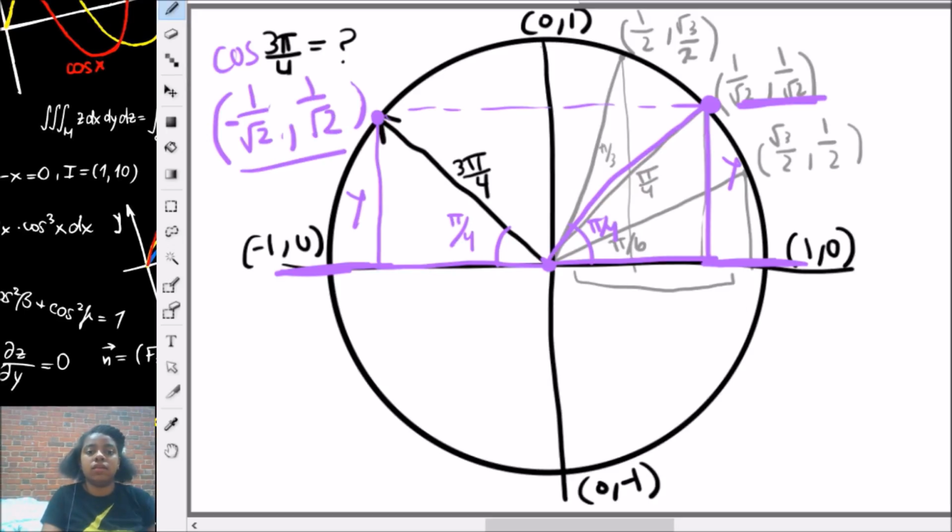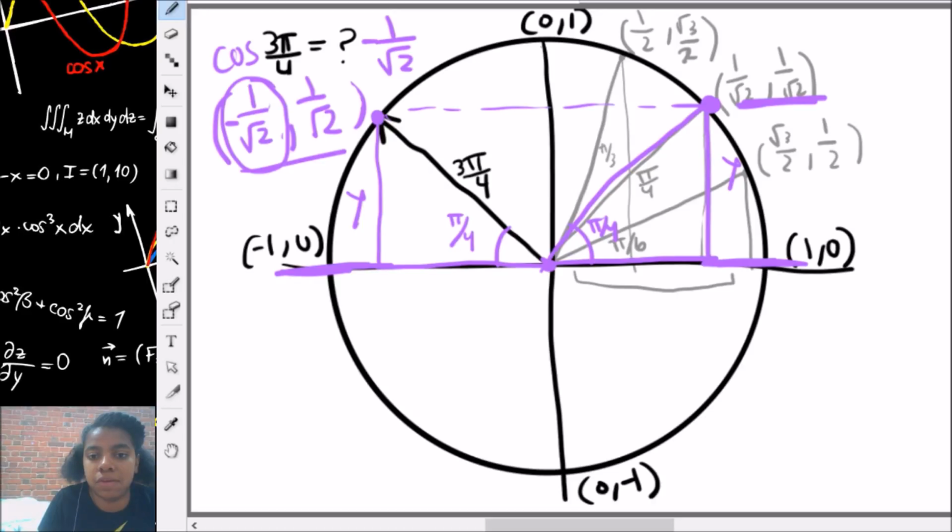That's all it is. So the cosine is going to be your x value, so it's negative 1 over root 2, and that's your answer. Whenever you have problems in different quadrants, all you have to do is make sure you know if the x and y values are negative or not.